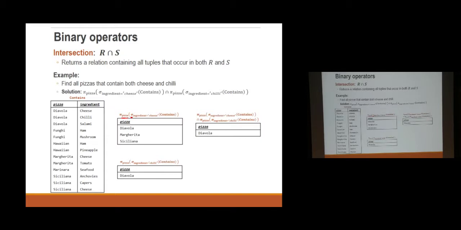For this one, you select everything that contains chili. So this one cheese, this one chili, and then you project on the pizza name. Okay, and then to get this table, you just do an intersection. All right? So any questions?